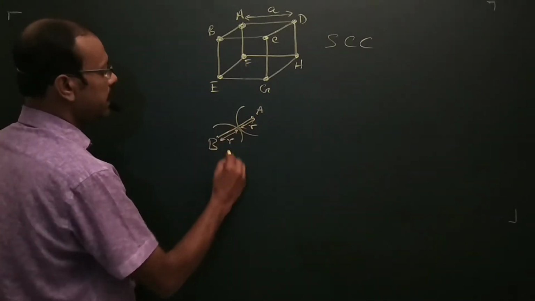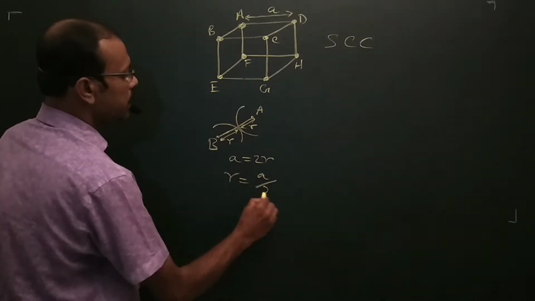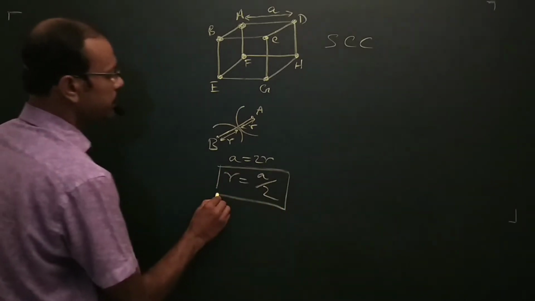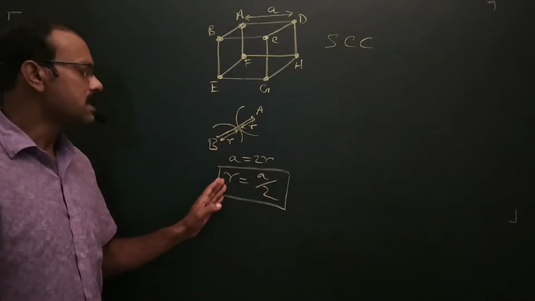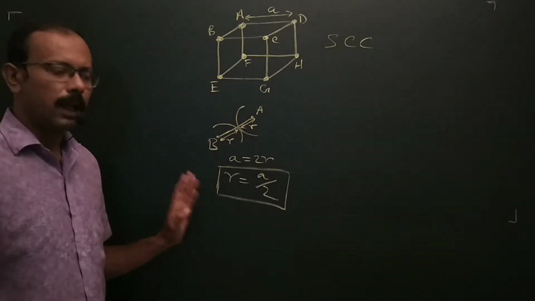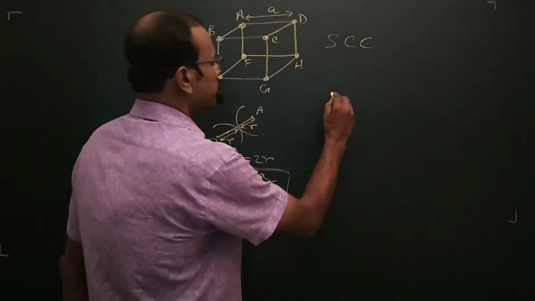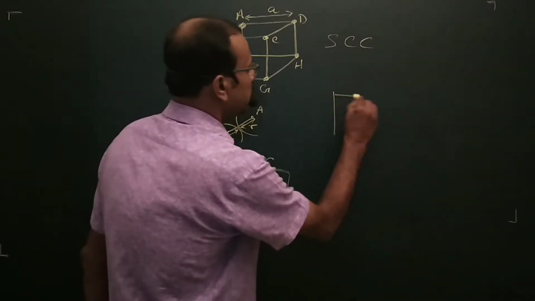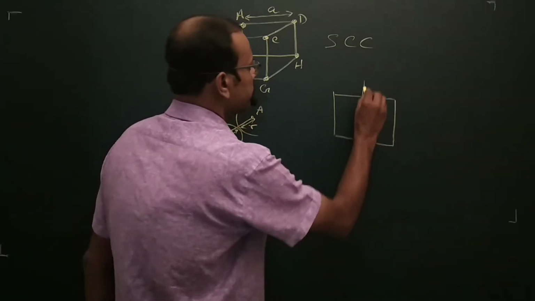Therefore this edge length a equals 2r, or r equals a by 2, and this is the relation between the edge length of the simple cubic unit cell and the radius of the particle present in it. Okay.